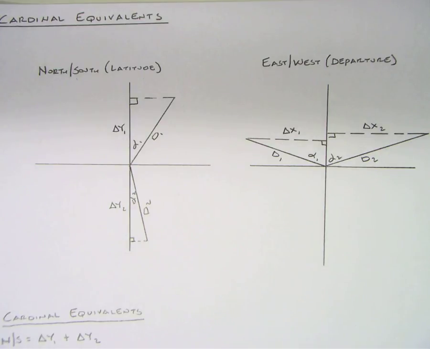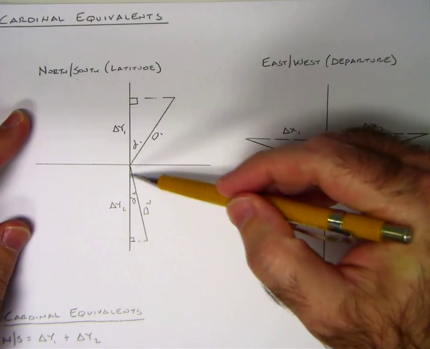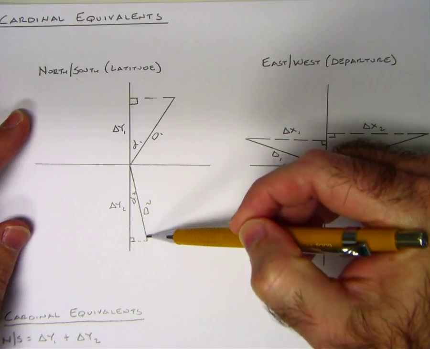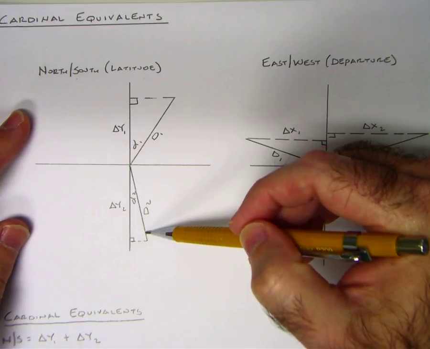So what is a cardinal equivalent? What you're looking at here is a northeasterly line and a southeasterly line. So in this case, what we want to do is reduce these to their cardinal equivalents in a north-south direction.